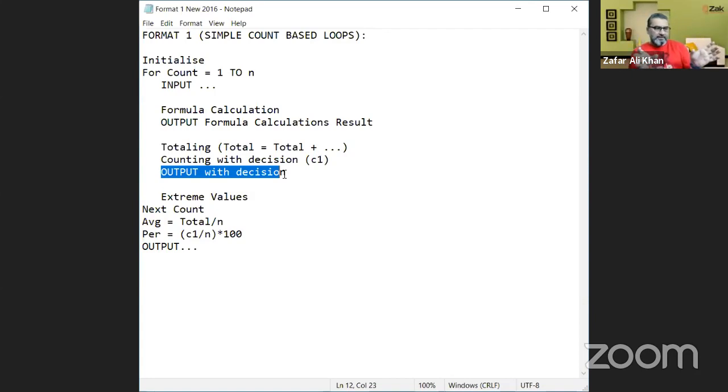Similarly, there is an if attached to output. So if that condition is true, that decision is true, only then the output is made, otherwise it does not. So let's see few of the questions which require us to do this part of for next loop.